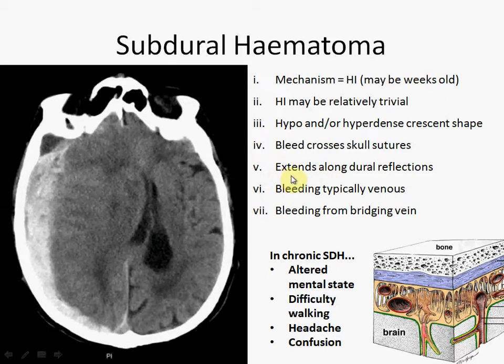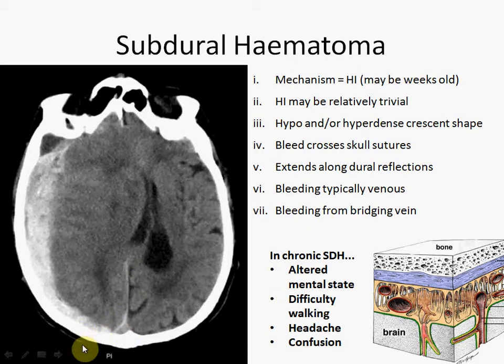Also, the bleed extends along dural reflections. And look what you see here. This is part of the falx cerebri, okay, and you can see this hyperdensity tracking along the falx cerebri there.